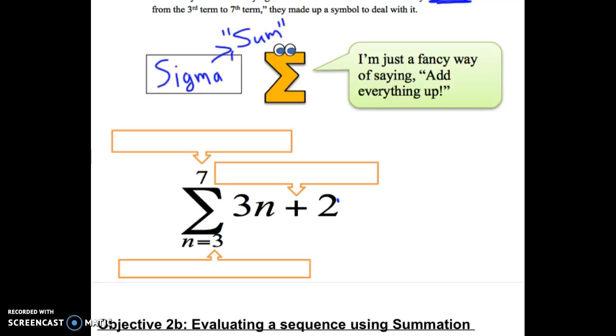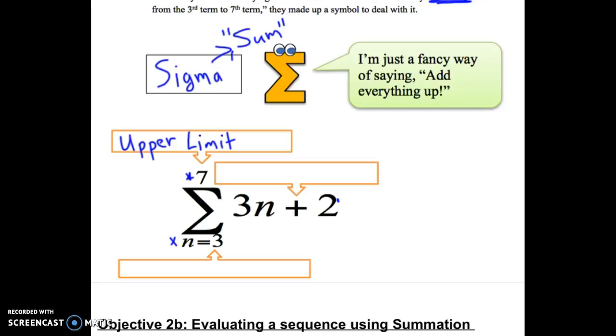Three are highlighted here. The first piece, the 7, or whatever number that exists on the top of sigma, that is the upper limit, meaning we only care about the 7th term. That's the upper limit of the sum that we care about.